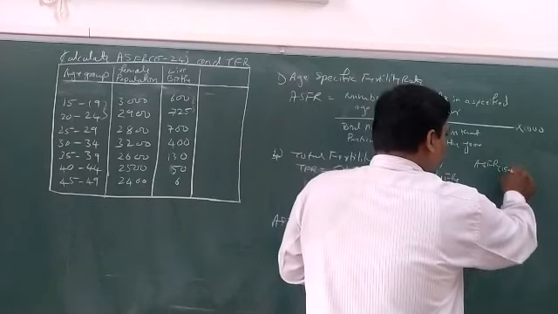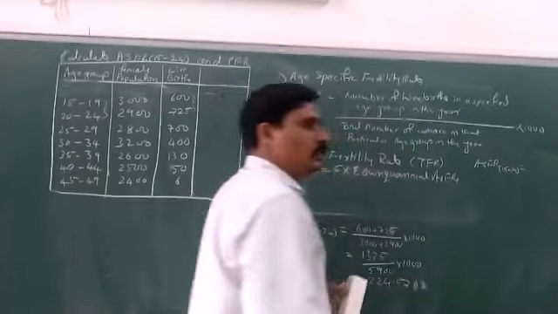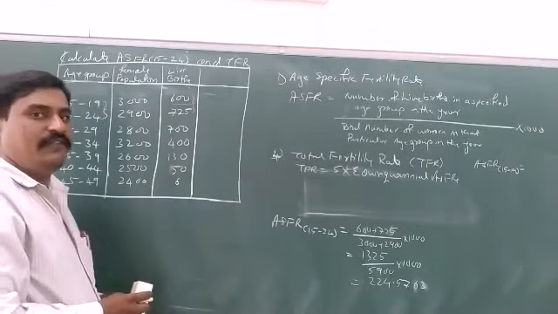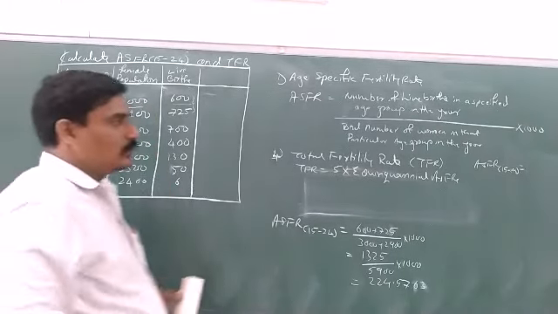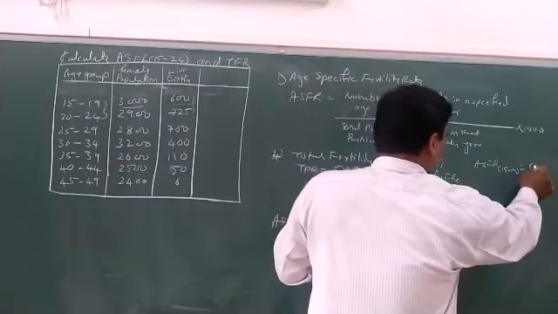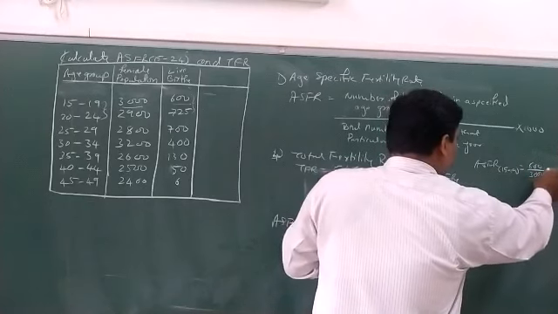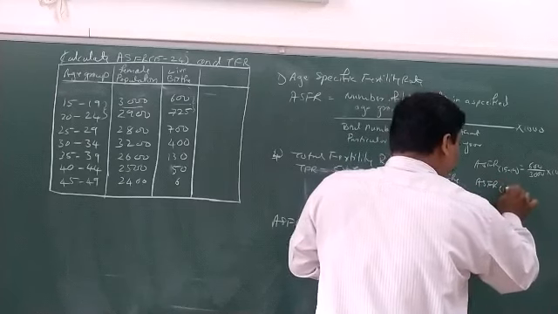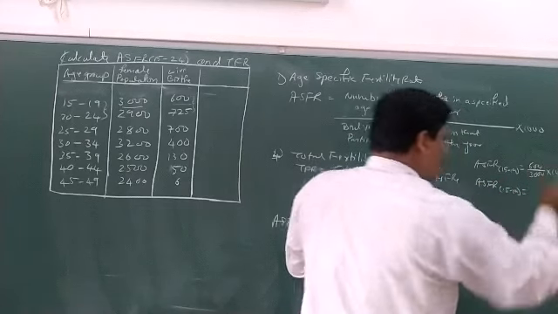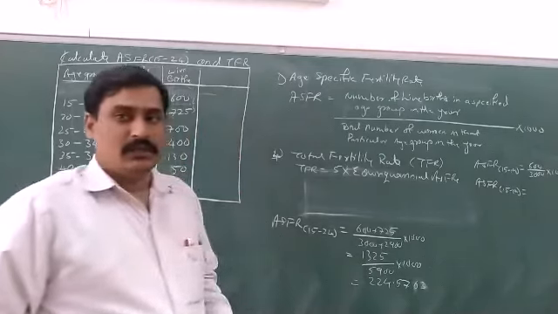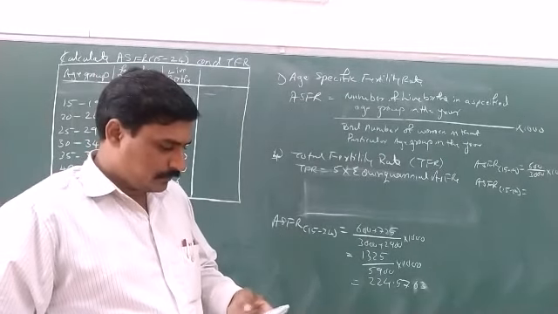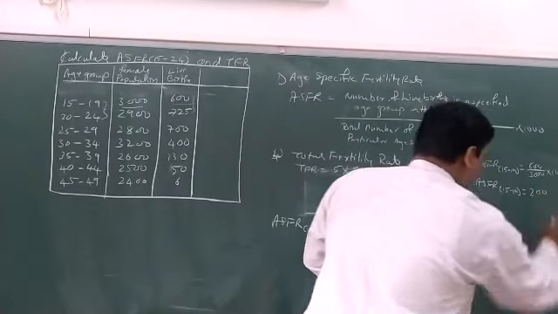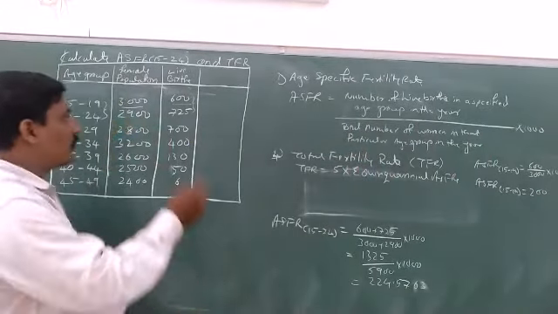ASFR 15 to 19 is equal to, so what is the number of live births in the 15 to 19 age group? 600, and the female population is 3000. So 600 divided by 3000 into 1000. So ASFR for the 15 to 19 age group is 200.